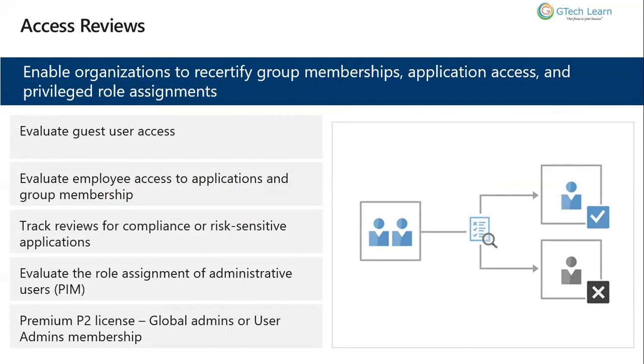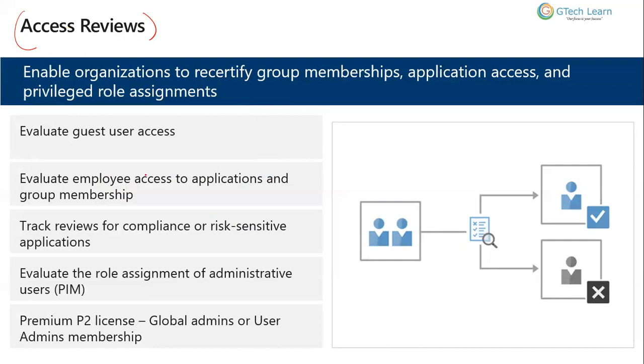For example, we are working on a project where a few users are present, and after some time that project is completed and we want to remove those users, so by using the access review we can manage the access of the specific user, to the specific group membership as well.